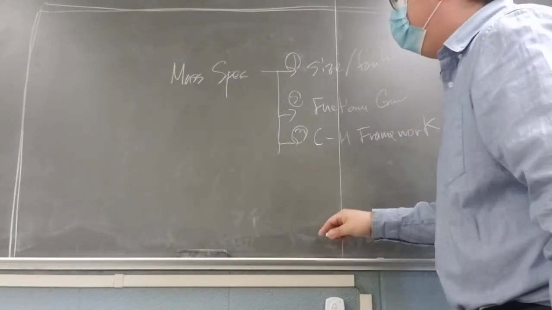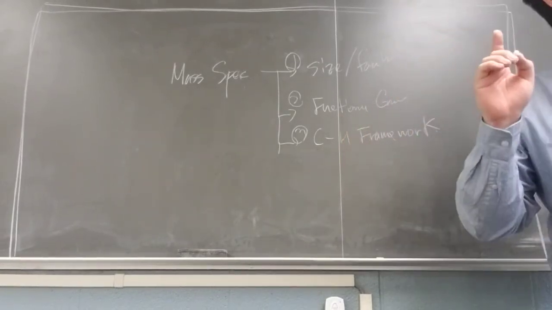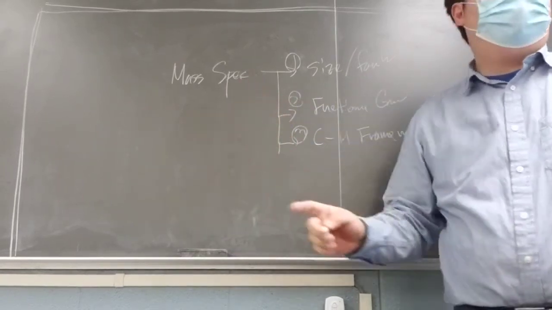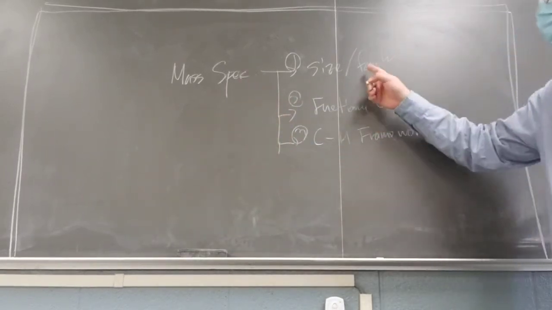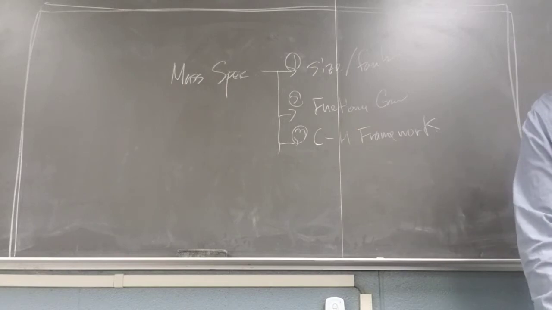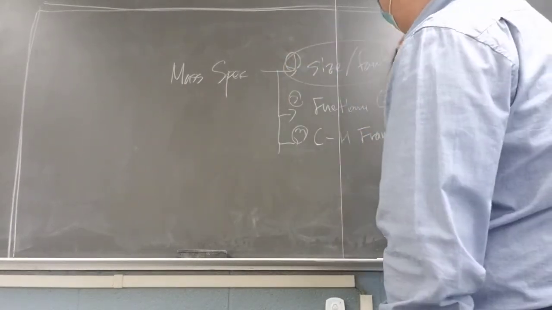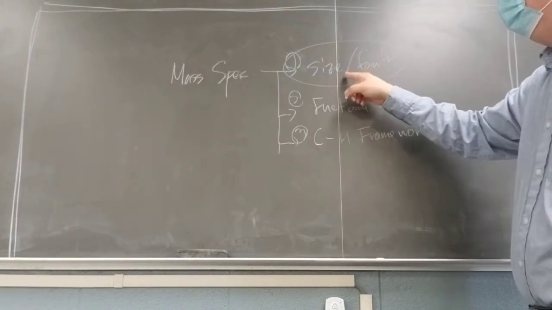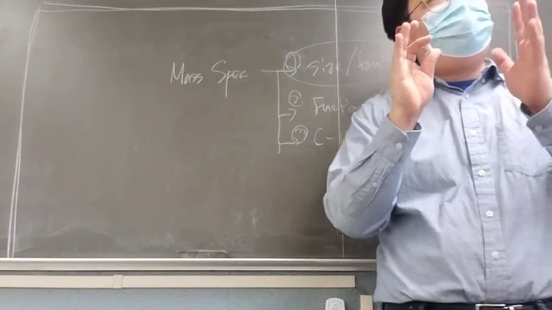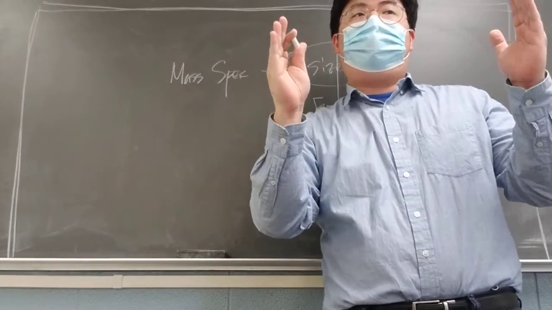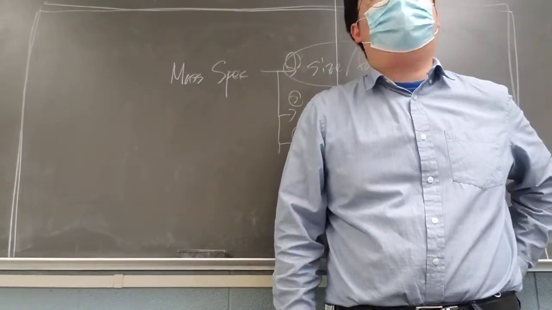Okay, so let's do this together. If I give you the mass spec over here, what kind of information can you get from those three? It will be the first one, because the mass spec is the one we use to find the molecular weight, which technically means the size of the compounds.